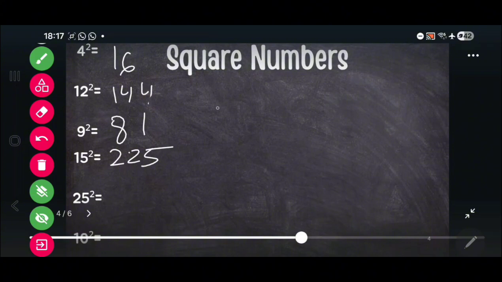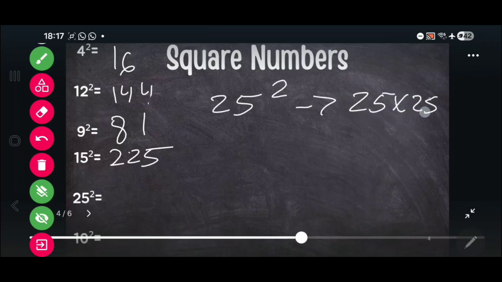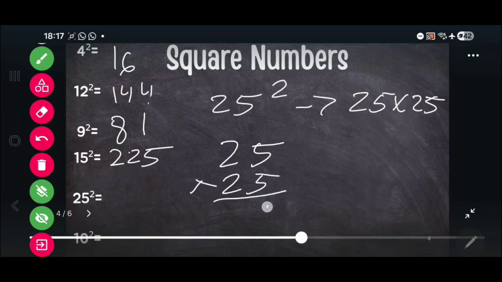Now our next question would be 25 squared, which we can write as 25 times 25. Now if we do that in our long multiplication, 5 times 5 would be 25.